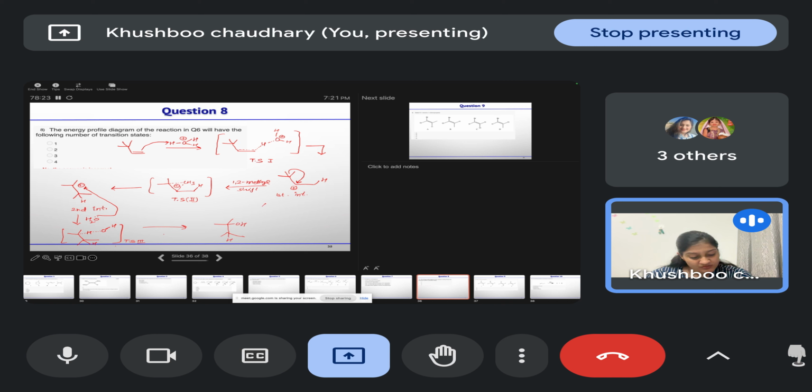So the energy profile diagram will look like this if we are plotting energy against reaction coordinate.